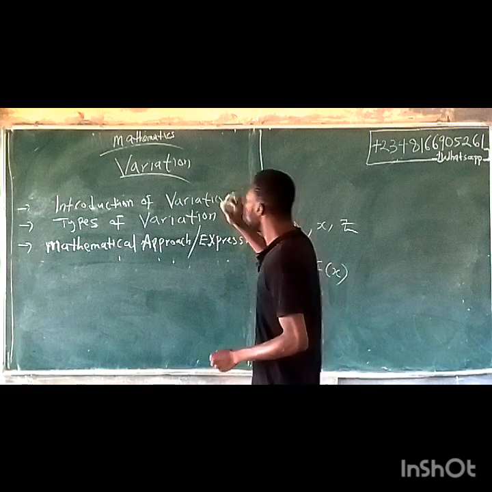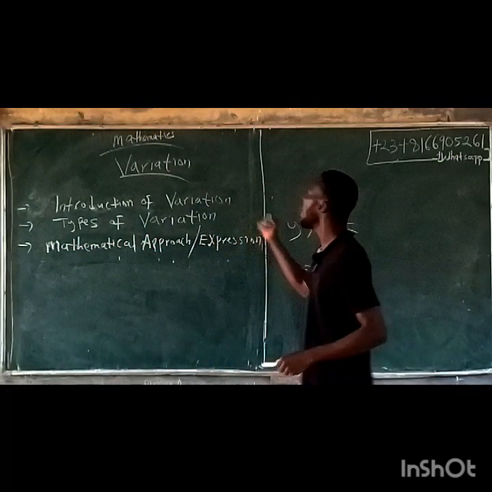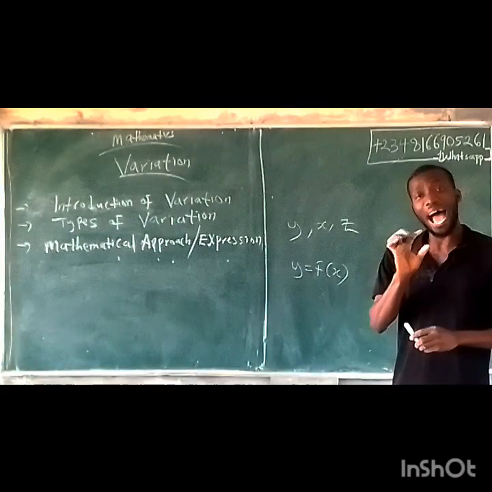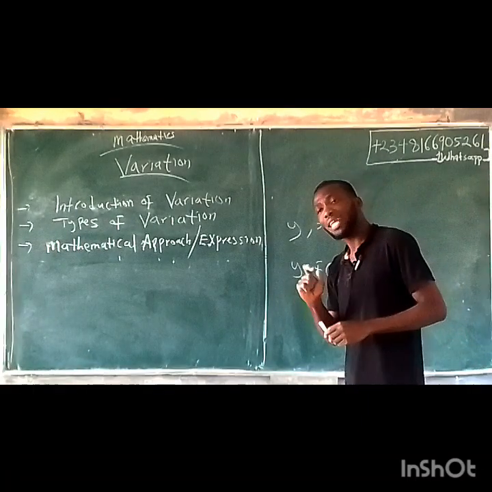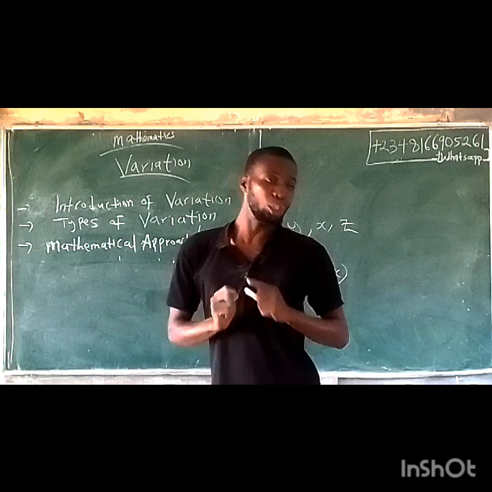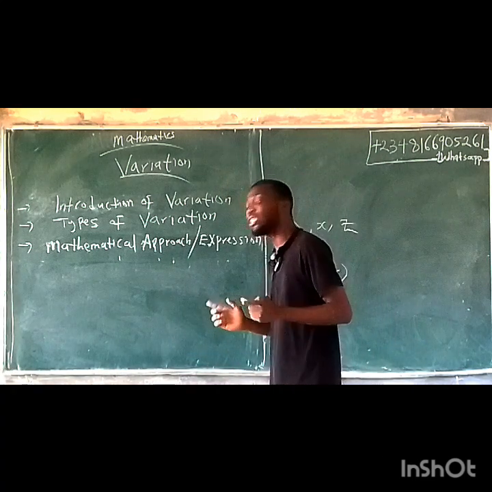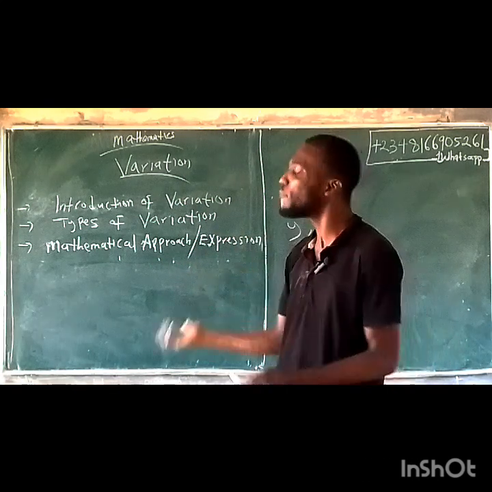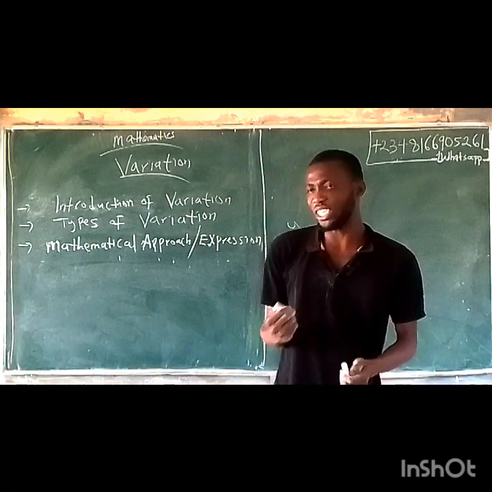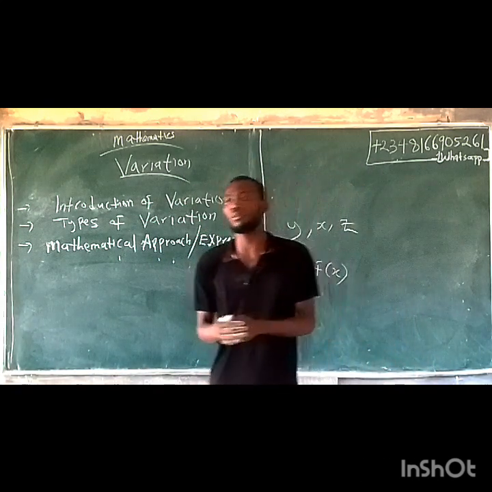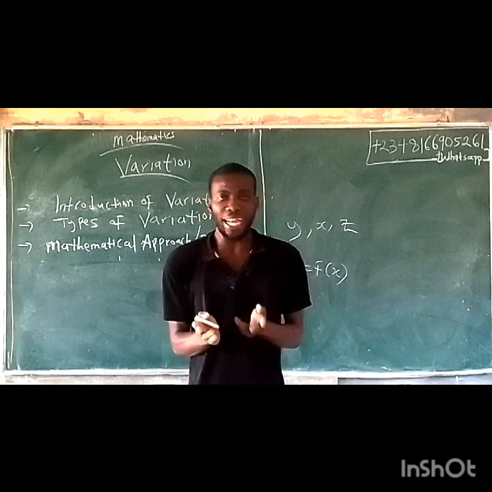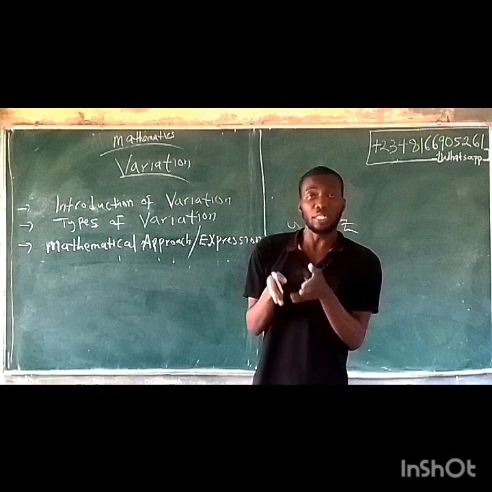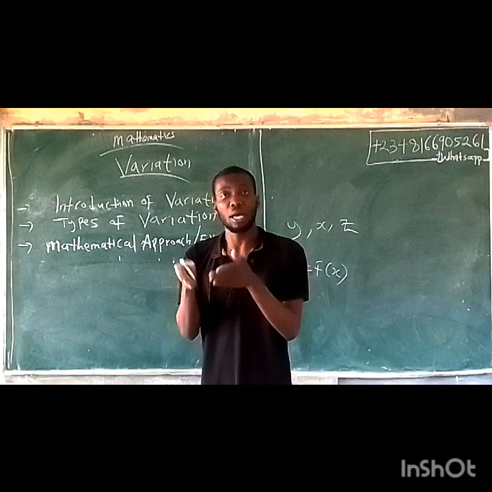Now, looking at that, we have types of variation. Before I go to the types, I love to give an application in terms of a real life situation, because some students might think, why are we doing mathematics, or what's the essence of variation. Look at this scenario where we have a young man and a young lady in a relationship. The aim of the relationship is for them to get married.